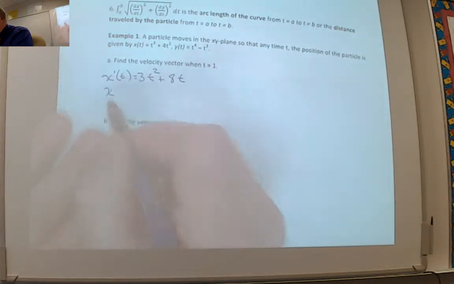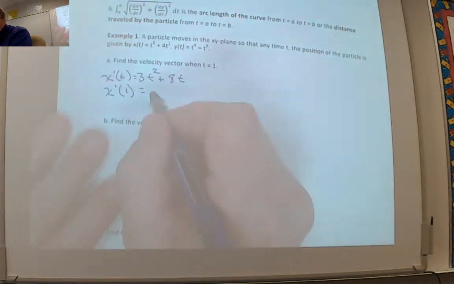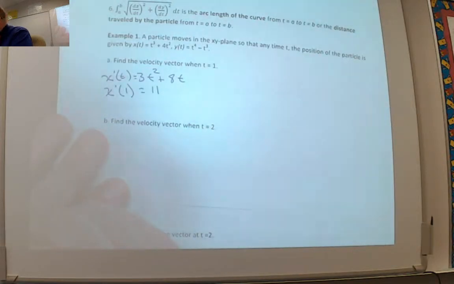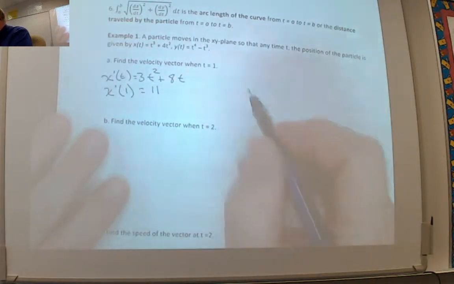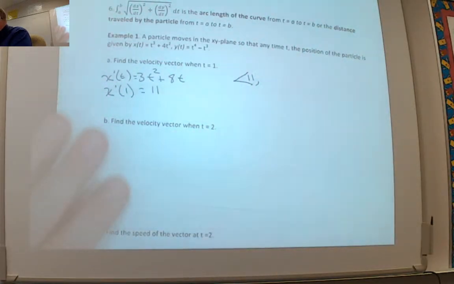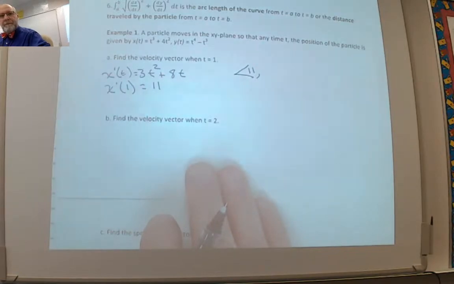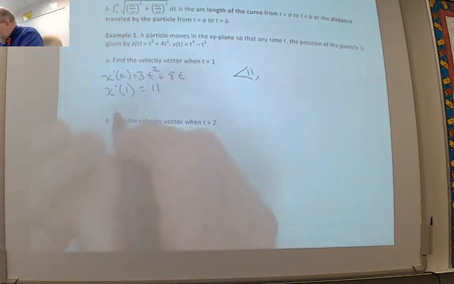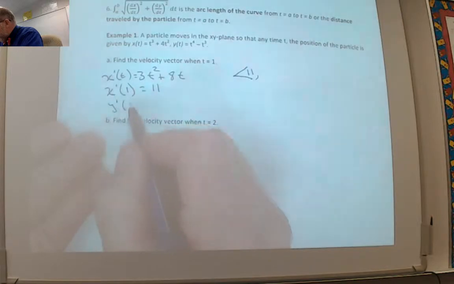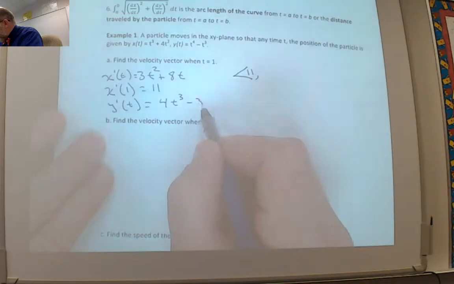So if I put 1 in there, I'd get what? 3 plus 8 is 11. I get 11, right? Okay, so my velocity vector is going to start with 11. What else do I need to do? Figure out the y one, right? And Flora, what is the y one? 4t cubed minus 3t squared.